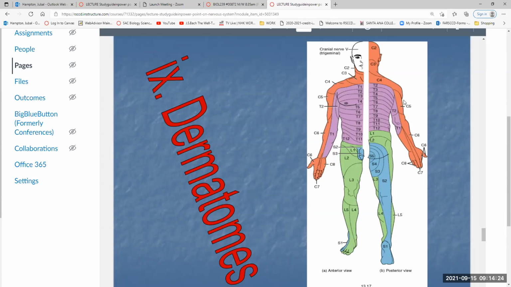Even as a general practitioner, you have to have a knowledge of these, because in, let's say, the infection shingles.